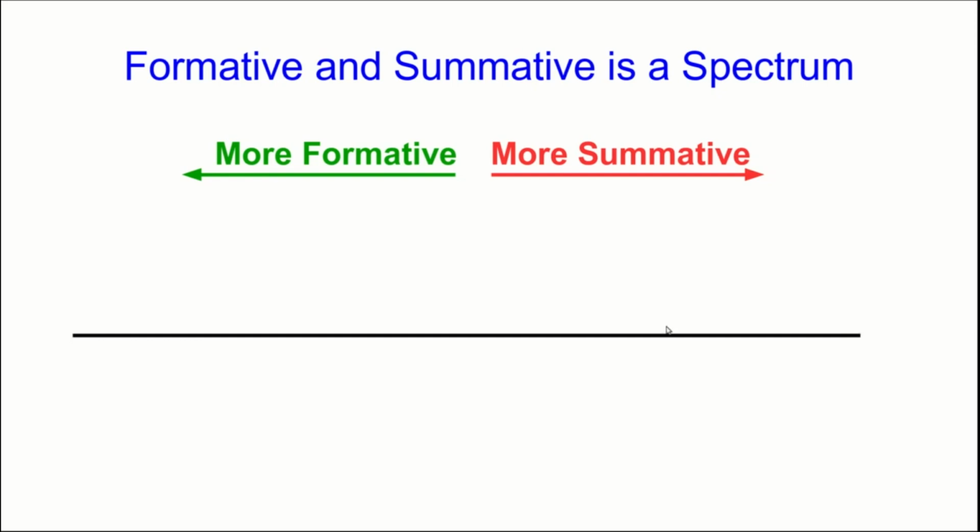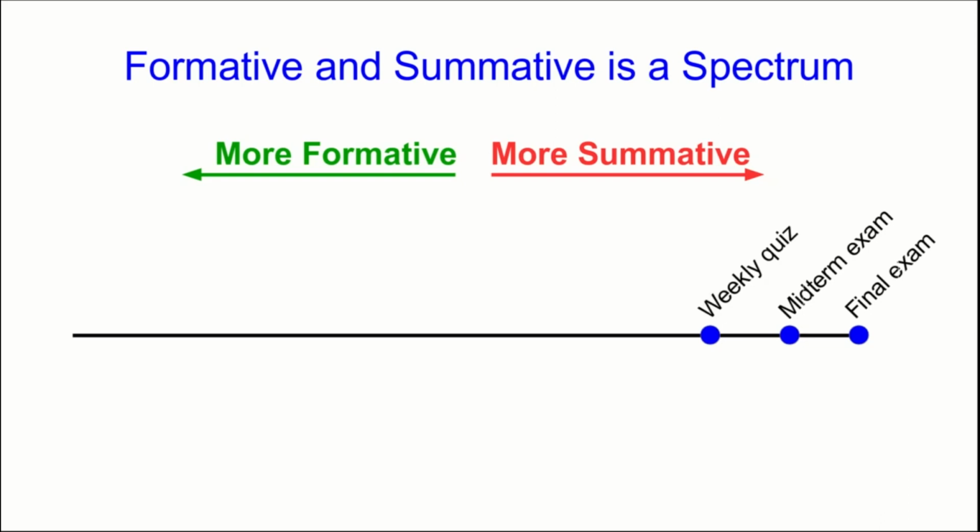About the most summative evaluation possible is a final exam. It provides no feedback and is all about marks. Midterms are a little bit formative because students get them back and in principle can get feedback from them, but in practice students rarely look at anything other than the mark on their midterm, and so it's very poor in terms of its formative value.